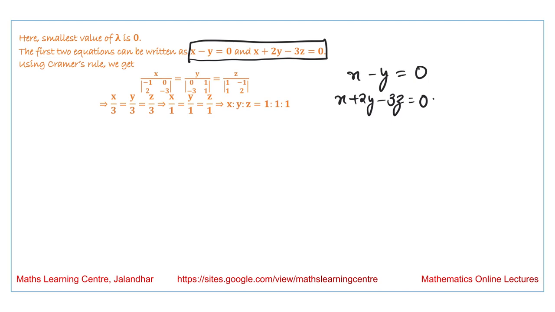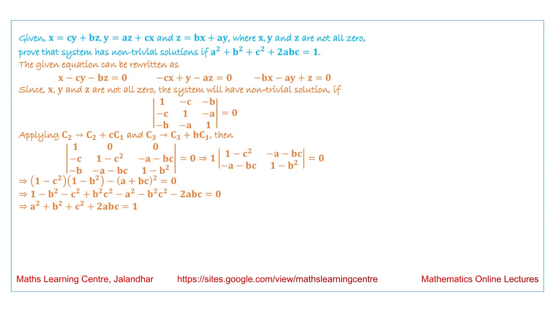Now if we use Cramer's rule, we obtain x over determinant of this term, then y over determinant of this term, and then z over determinant of this term. These are equal. So the ratio of x, y and z, we obtain, is 1:1:1.